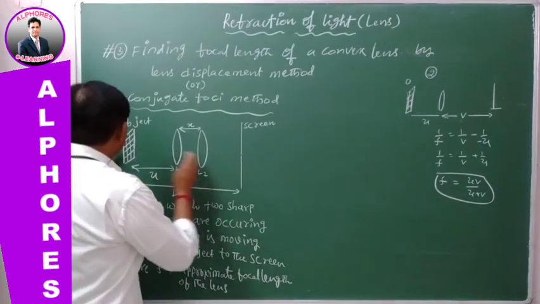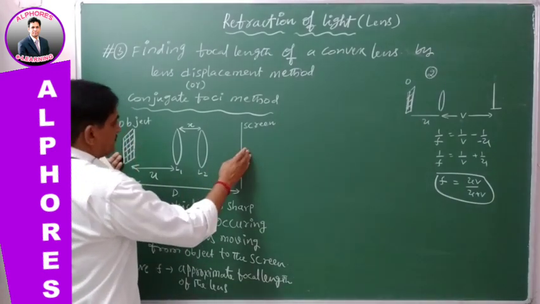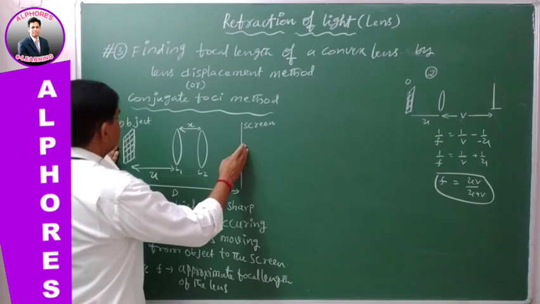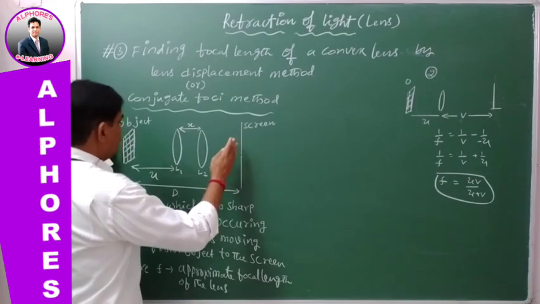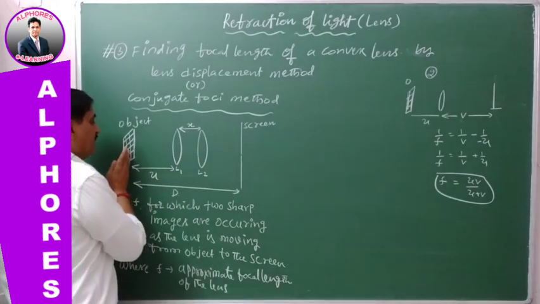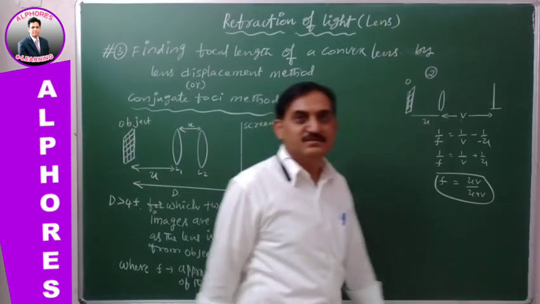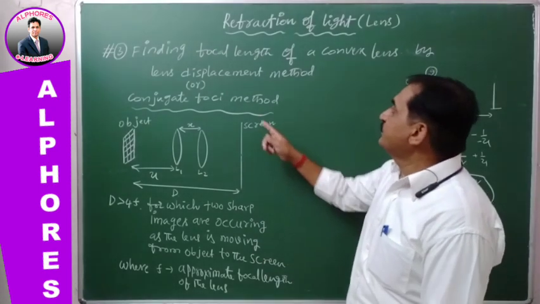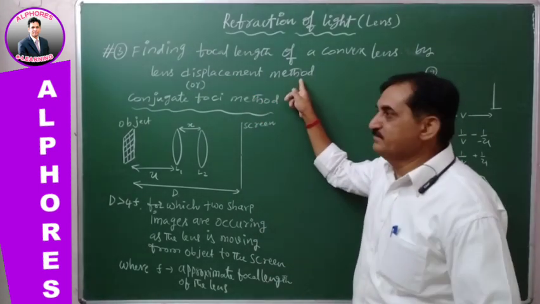We should not move either the object or the screen. These two are kept at a finite separation, and the lens is to be moved from the object to the screen. Therefore it is called the lens displacement method.